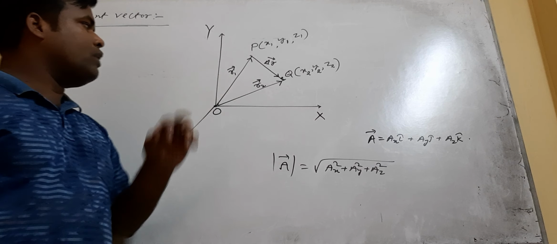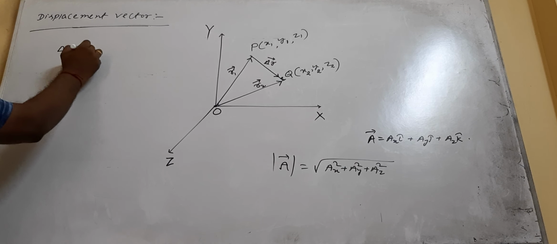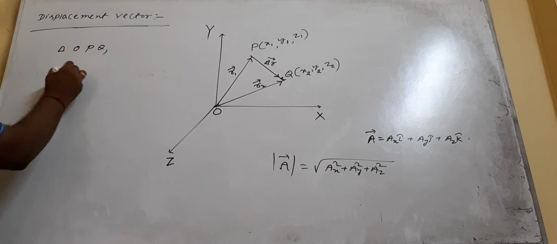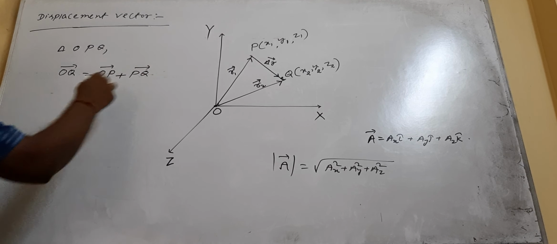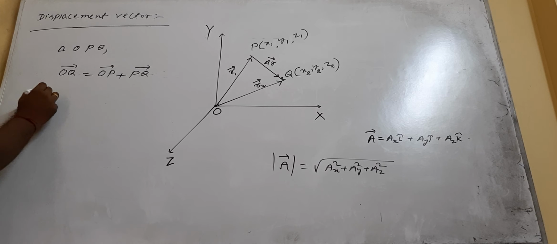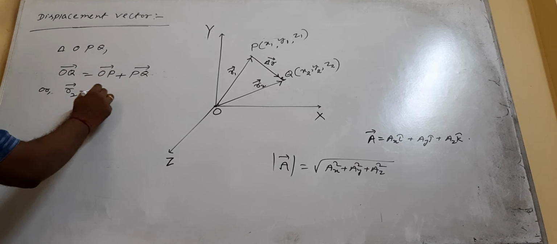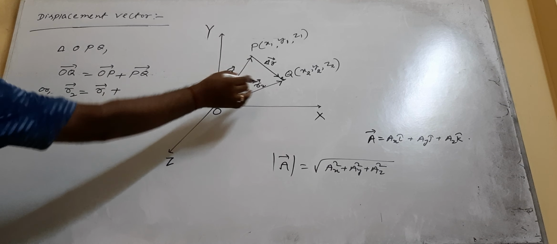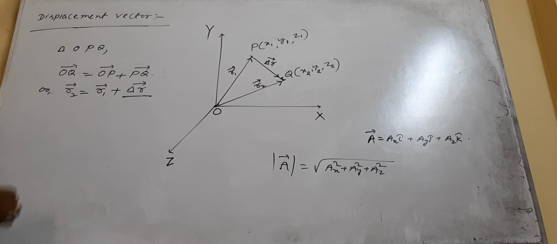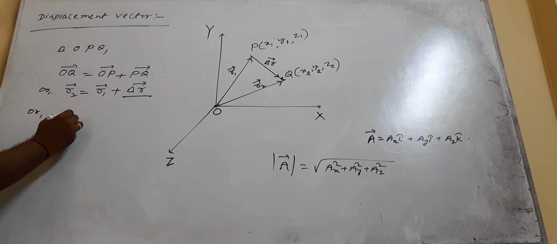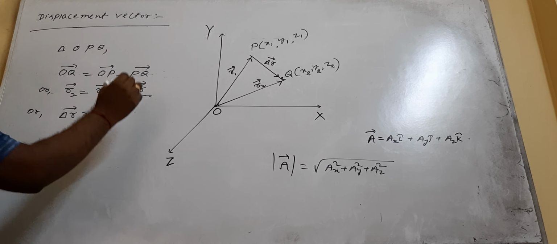That means R2 is the resultant vector. So from the triangle OPQ, you can write OQ vector is equal to OP vector plus PQ vector. OQ is your R2 vector, OP is your R1 vector, plus PQ is your delta R vector, the displacement vector. So delta R vector is R2 vector minus R1 vector.